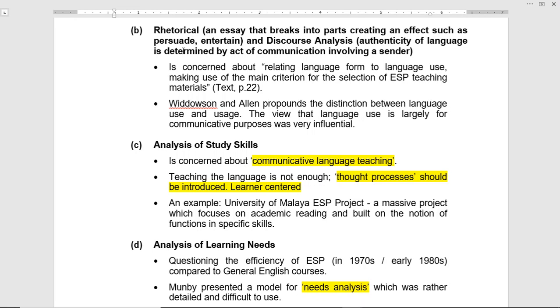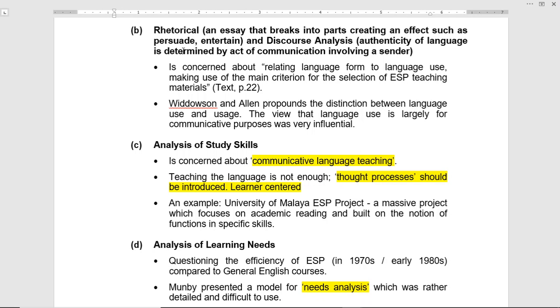So that is the rhetorical aspect of the text. Then the other one is discourse analysis. That is, authenticity of a language that is produced is determined by the act of communication involving a sender.